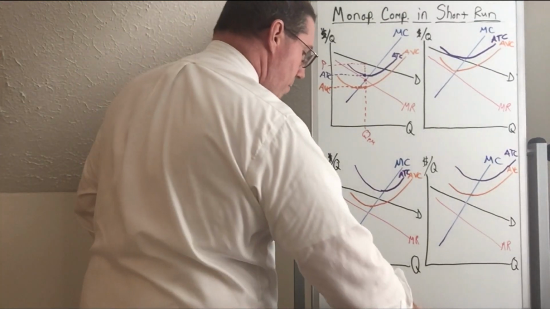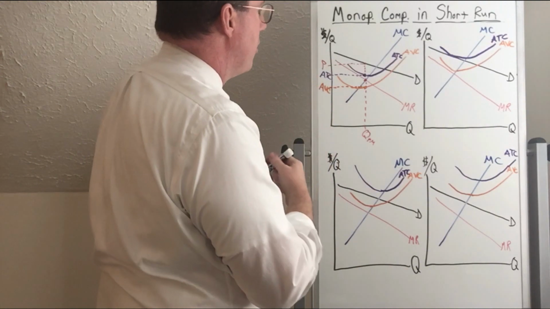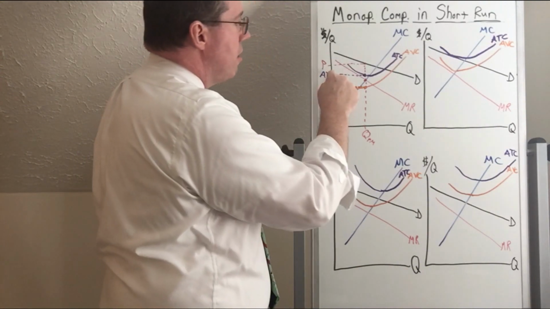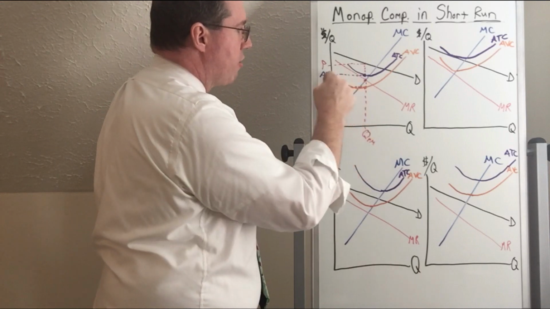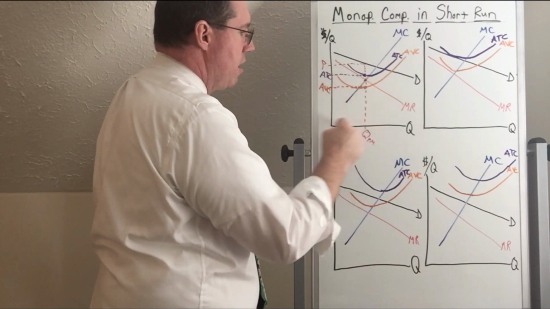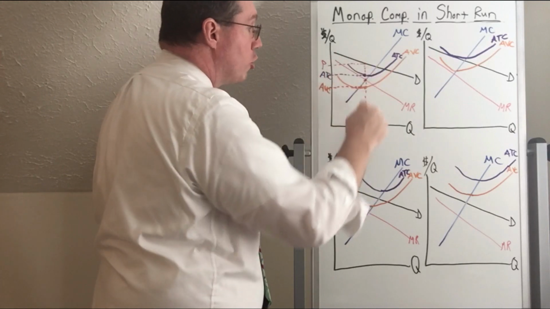But in this circumstance, because price is higher than average total cost and average variable cost, this rectangle right here, average total cost times quantity, that's the total cost for the business. And the total revenue is a larger rectangle.